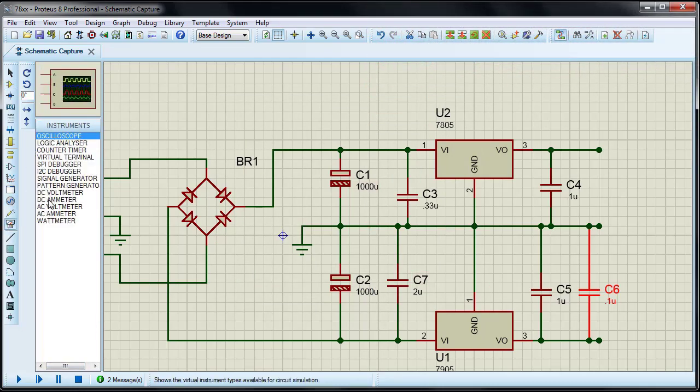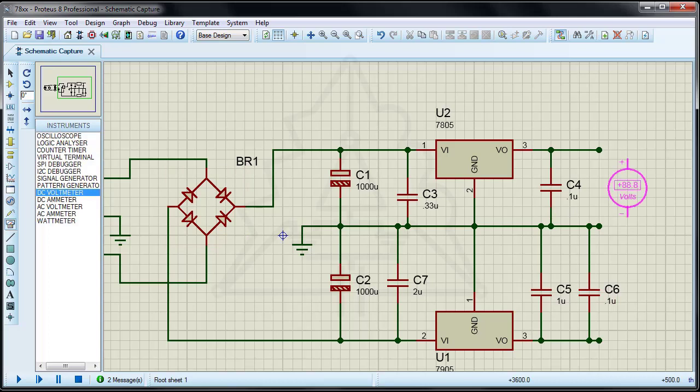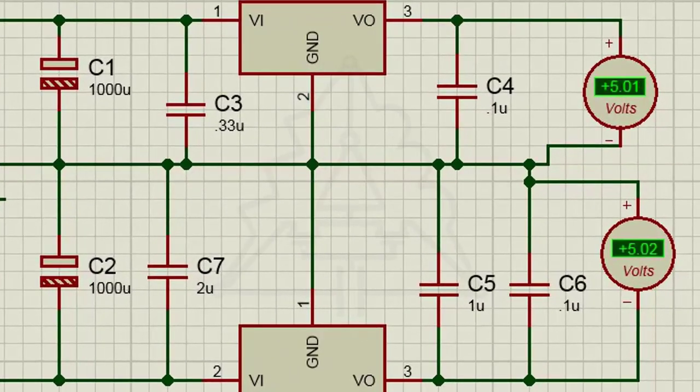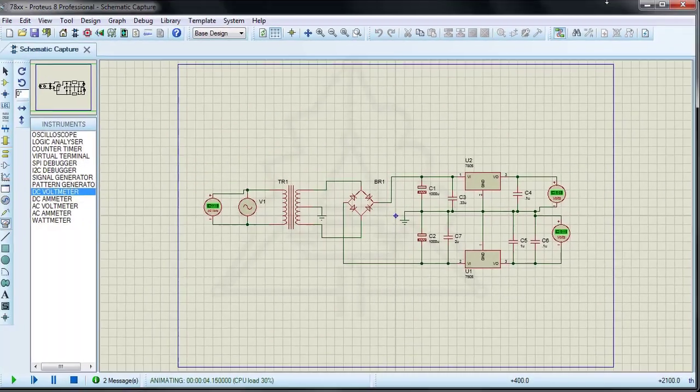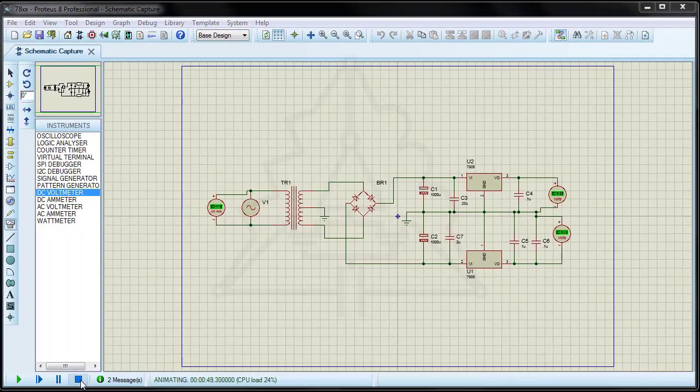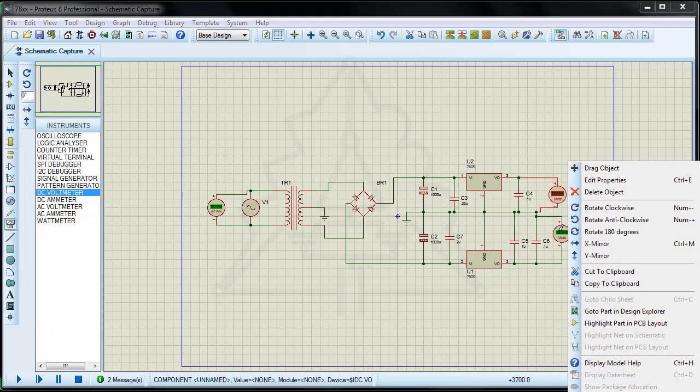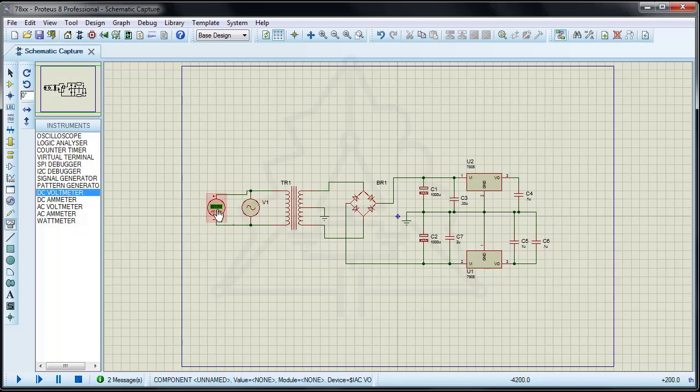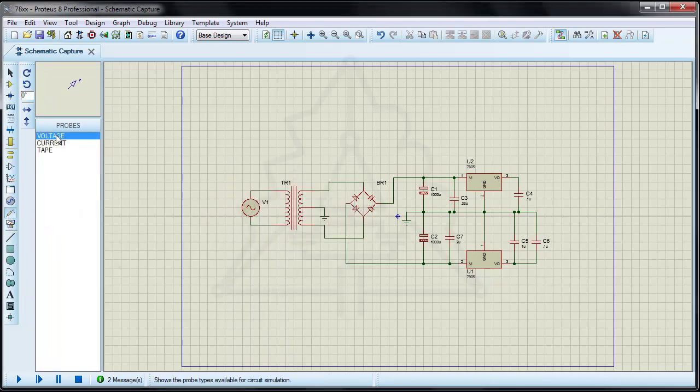Let's use a voltmeter to measure the output voltage. The waveforms of different parts can be represented using graphs.